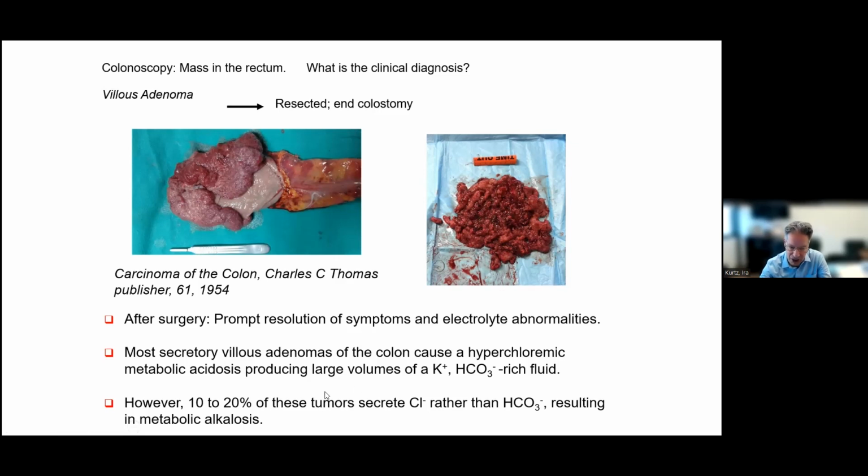So the colonic can be either, unlike the small intestine. If it's small intestine, it's not going to be metabolic alkalosis. So typically, you get large volumes of potassium and bicarbonate-rich fluid if it's a colonic villous adenoma. However, a small subset of these things secrete chloride, and they result in a metabolic alkalosis. So it's just an interesting case to remember.